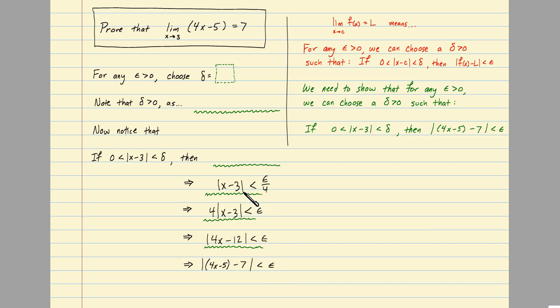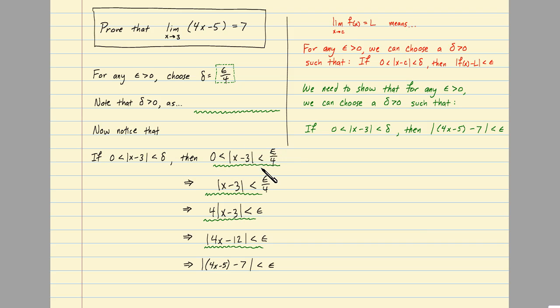Now, we're so close at this point. Look how similar this is to this statement. What if I picked as my delta epsilon over 4? Okay, so let's go back up here, and let's choose delta to be epsilon over 4. Then, simply rewriting this, we would have this.